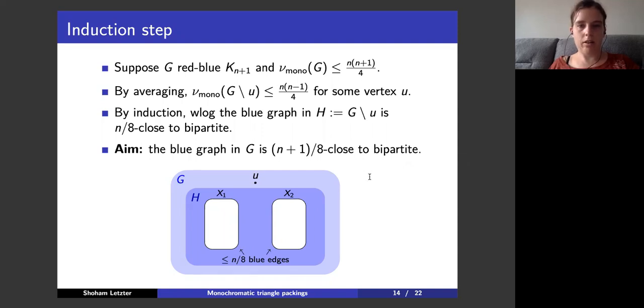Okay, so this is my plan, and now let's see how I'm going to try to achieve it. Sorry, one definition. I'm going to be interested in these neighborhoods of u. So the red neighborhood of u in X1 is R1, in X2 is R2, and similarly B1 and B2 are the blue neighborhoods of u in X1 and X2.